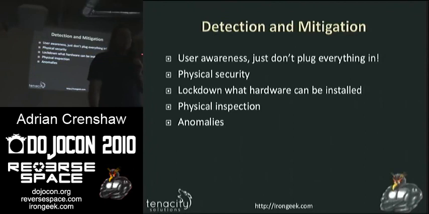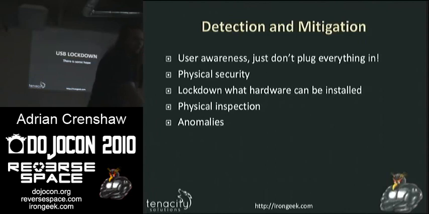There are ways you can lock down hardware to keep it from being installed, and you can also do physical inspection, looking for anomalies. For instance, if you see an Apple keyboard plugged into a Dell machine, that might be something to look into. Or 2 keyboards on the same machine. It's possible one might be a presentation remote or something else like that, but it might give you an idea of something to look for.